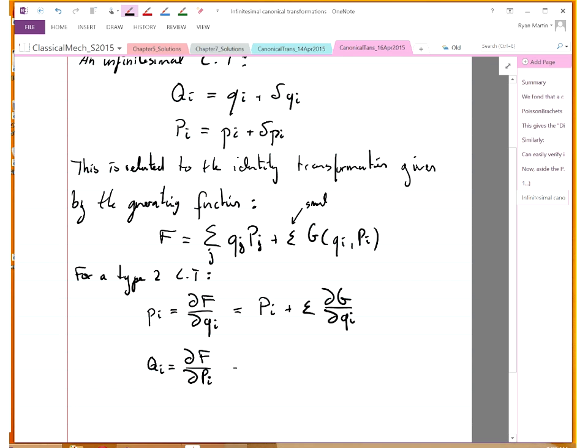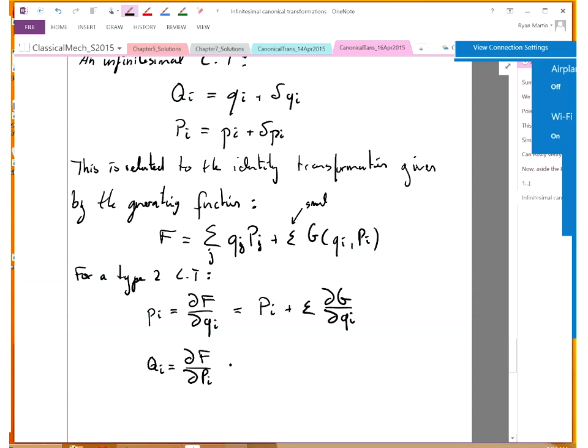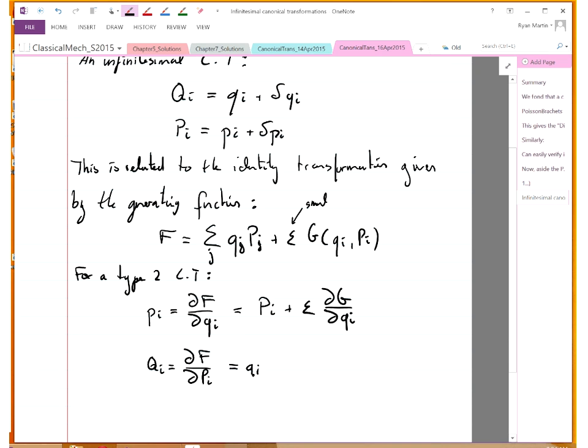Similarly, if I take the derivative with respect to capital Pi, because F depends on lowercase q and capital P, I'm going to pick out the term where i is equal to j, so that's going to give me the qi, plus epsilon times the derivative of g with respect to capital Pi.